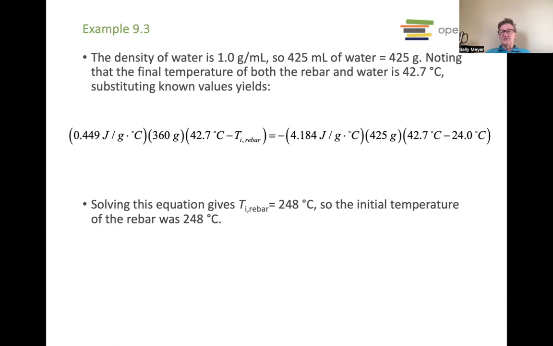We had 425 grams of water because we can assume the density of water is about 1 gram per milliliter. So if you have 425 milliliters, you have 425 grams. And the water started out at 24 and went to 42.7. So we should be able to figure out by just rearranging this equation that the original temperature of the rebar was 248 degrees Celsius.